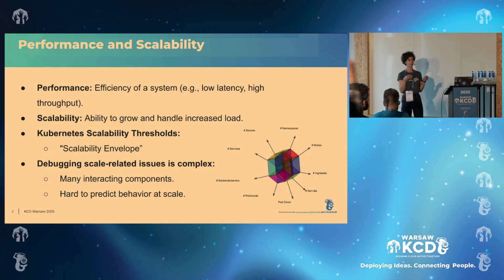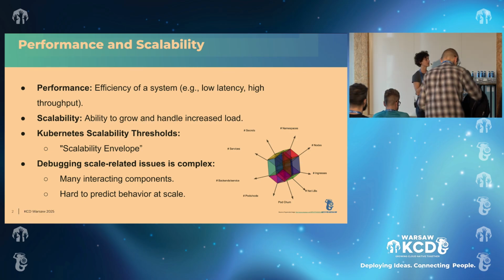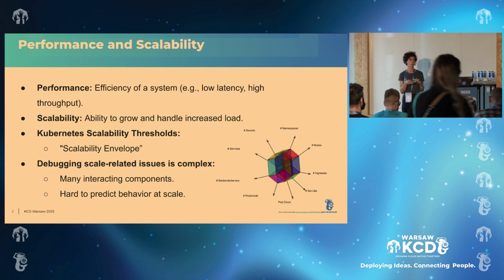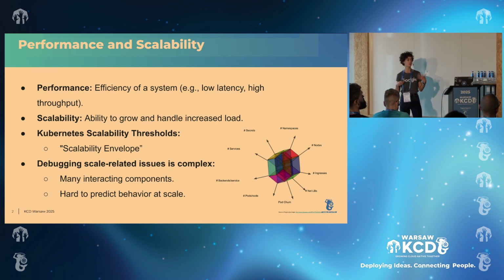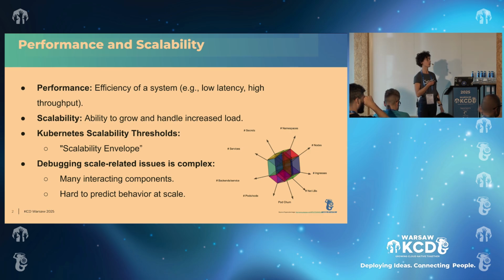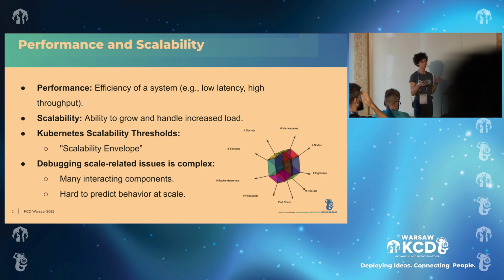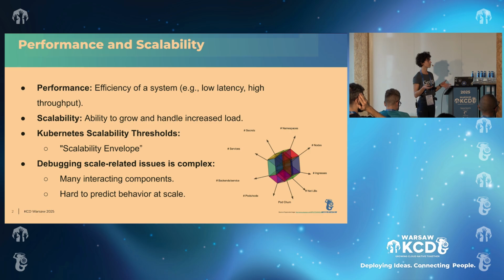One is latency. This is the time our system takes to do an operation, for example, a round trip or provisioning a service. And throughput, this tells us how many of those operations our system can handle in a given amount of time. And scalability is our system's ability to grow.